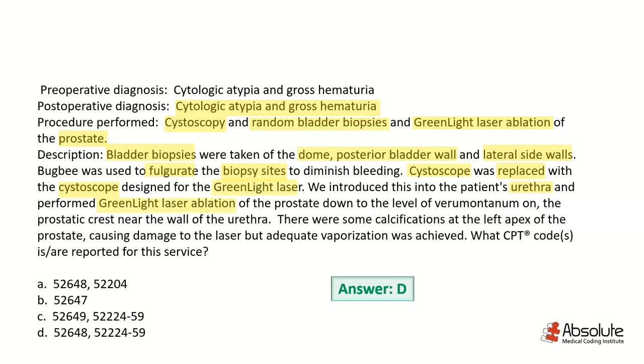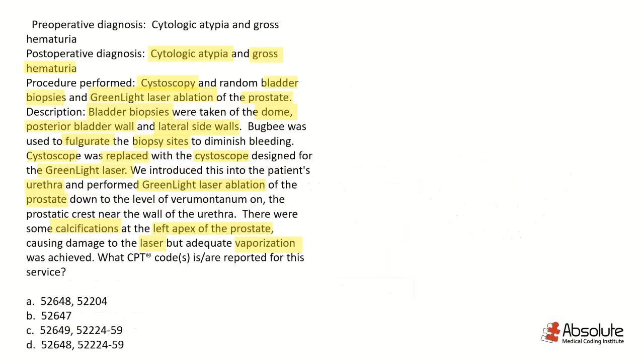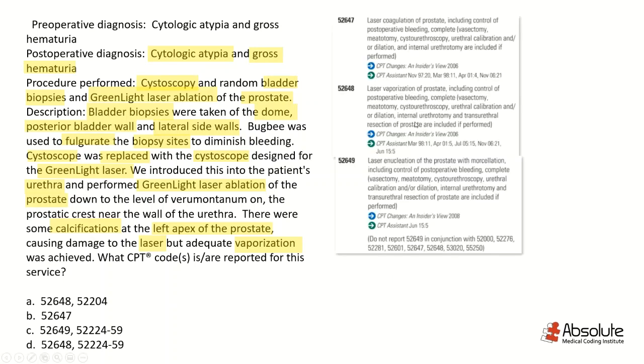Then we introduced into the patient's urethra the green light laser ablation of the prostate, going all the way down to the wall of the urethra. There are some calcifications of the left apex of the prostate, and vaporization was achieved. Woohoo! A whole lot's going on with this particular procedure.